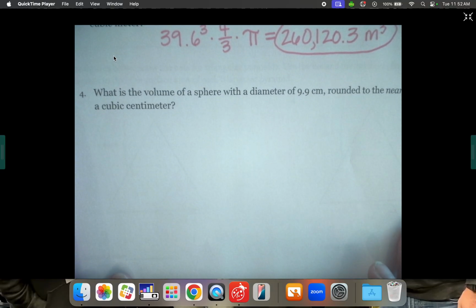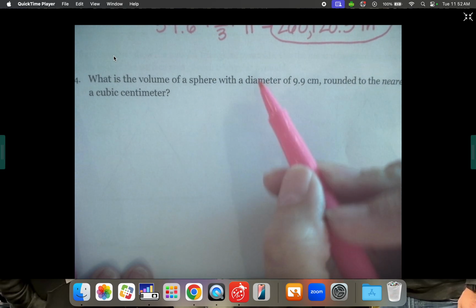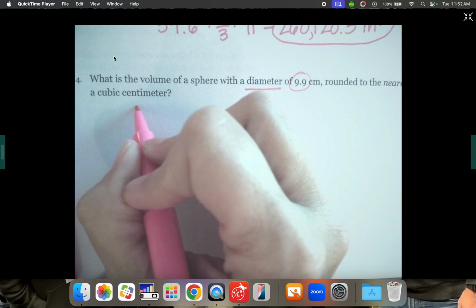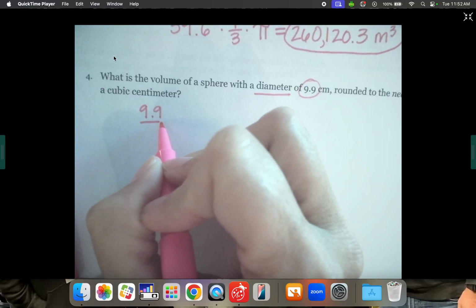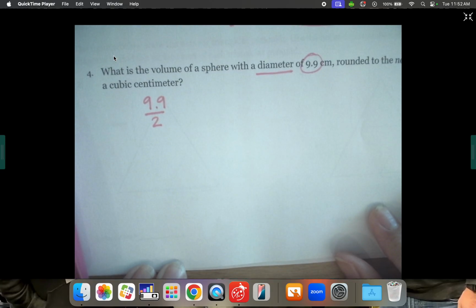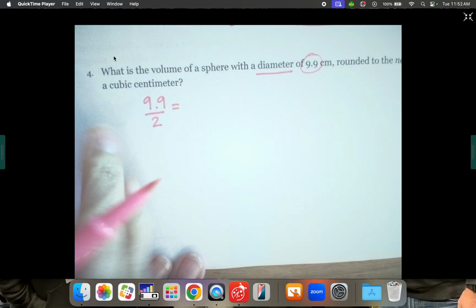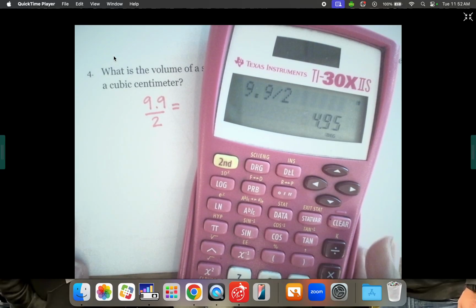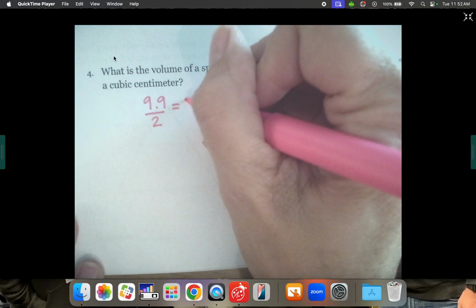Okay, and then the last one that I'm going to do with you is a sphere with, again, sorry, it's giving you the whole diameter. So if it gives you the diameter, we have to take 9.9 and divide it by 2, because we only need half of it because we need the radius. So 9.9 divided by 2 is 4.95.